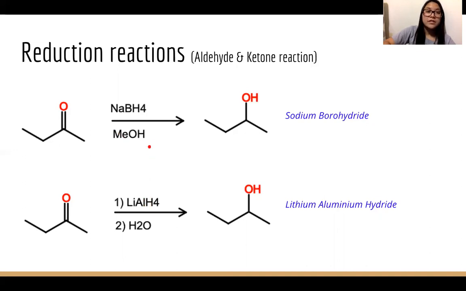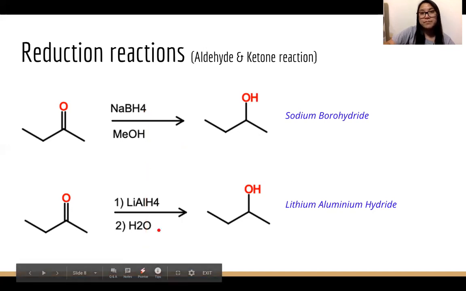For example, these will do the same exact thing for ketones and aldehydes, but if you had a carboxylic acid, lithium aluminum hydride is the only one that can make it go down to the alcohol. Sodium borohydride is weak, so it wouldn't be able to reduce a carboxylic acid all the way down to an alcohol. But with regards to aldehydes and ketones, just know that these two do the same thing.